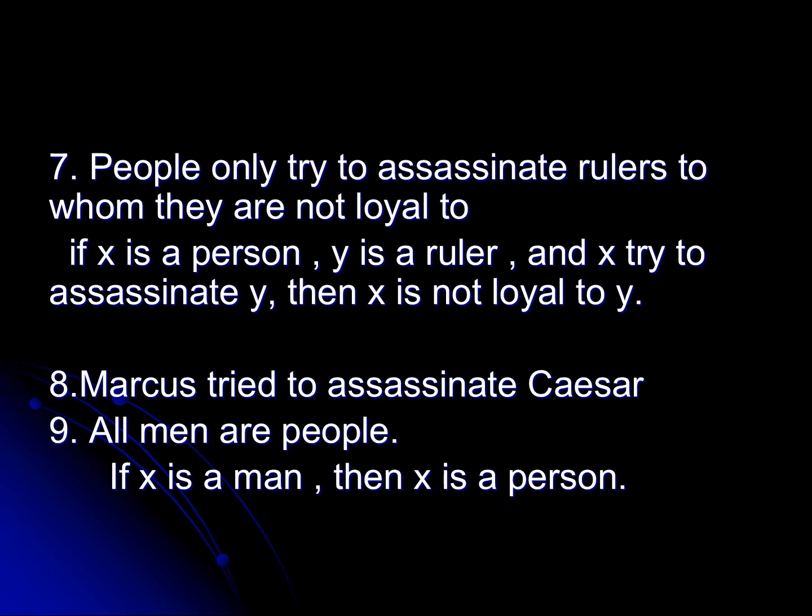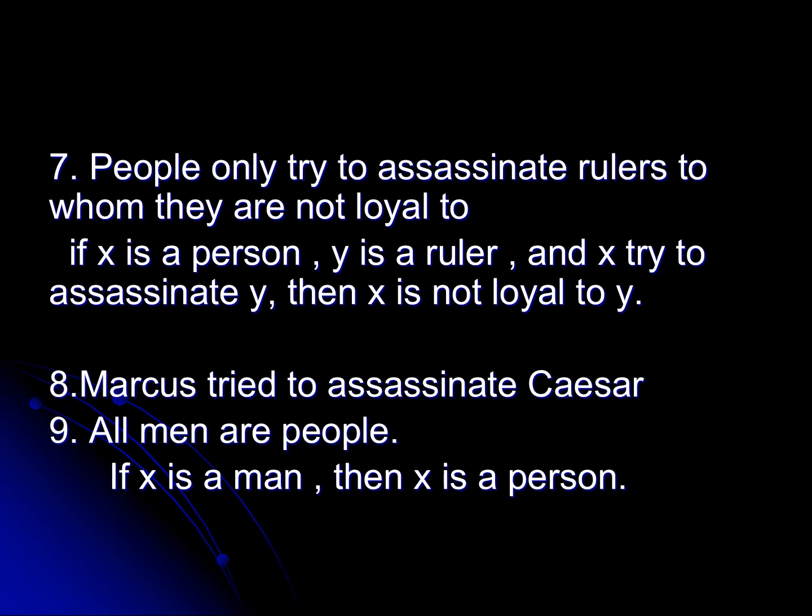People only try to assassinate rulers to whom they are not loyal. That statement can be rewritten as: if X is a person, Y is a ruler, and X tried to assassinate Y, then we can conclude that X is not loyal to Y. Marcus tried to assassinate Caesar.